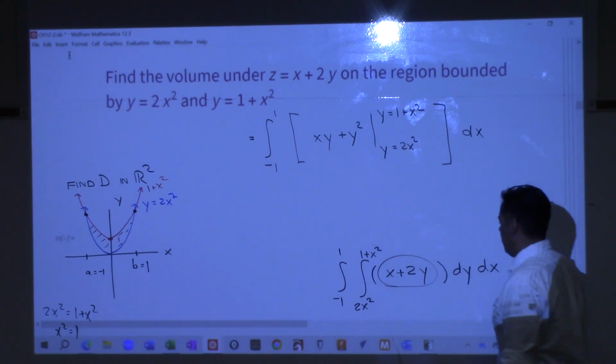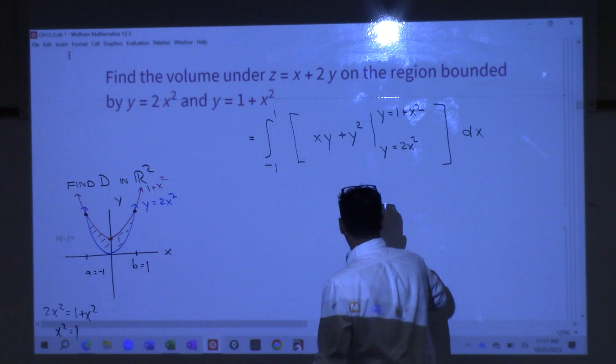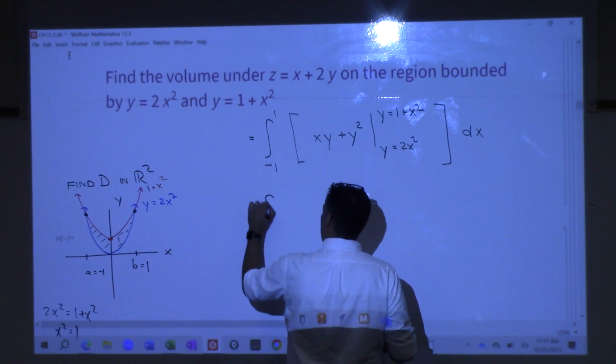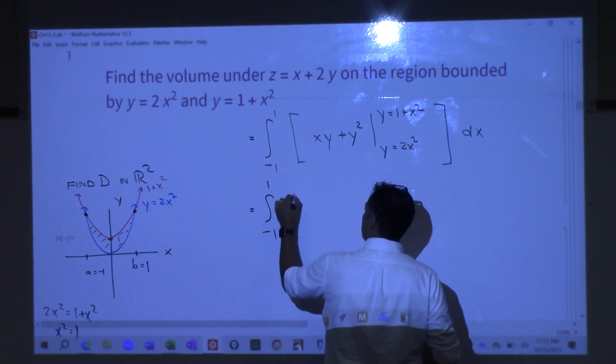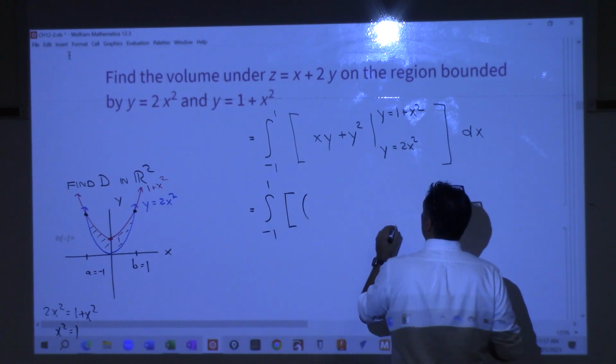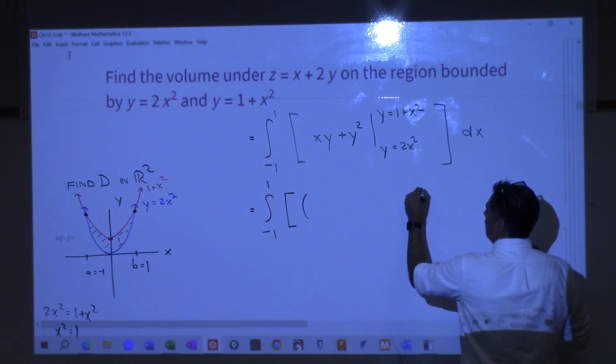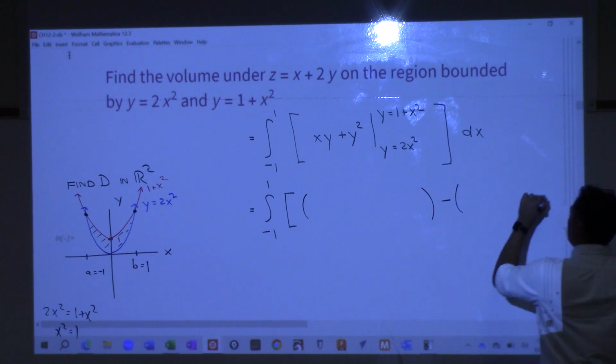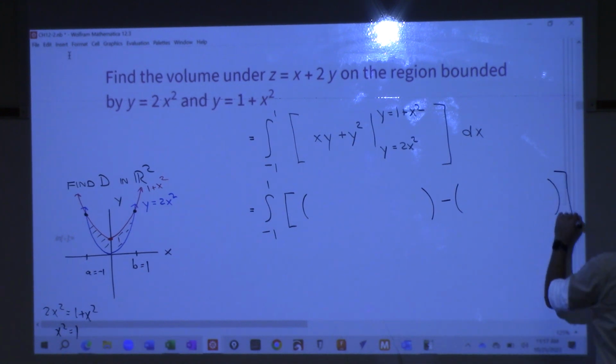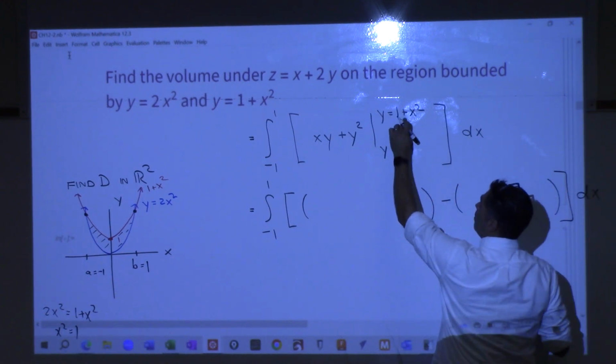So I'm going to be replacing my y's with those. That's going to suck. Okay, -1 to 1. Let's keep this in a bracket. Got to plug in something and then plug in something, and then dx. I'm replacing y with 1 plus x squared.